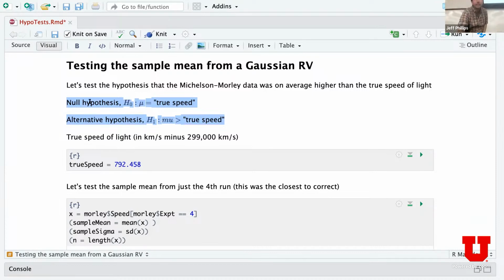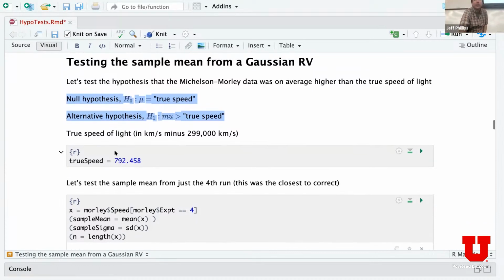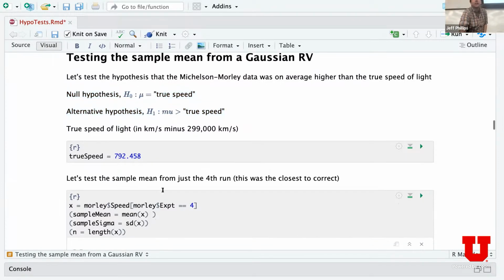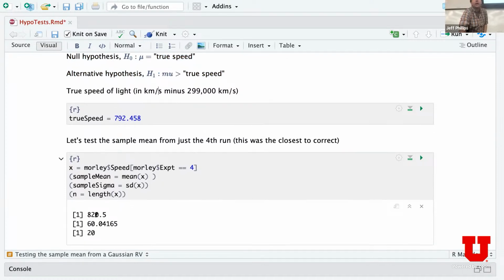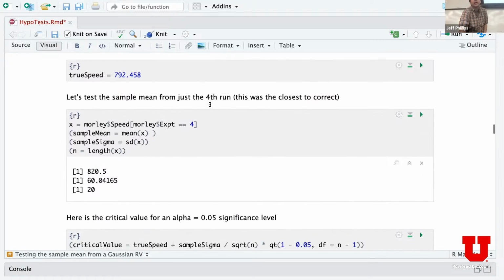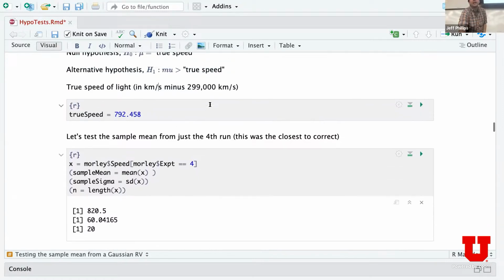Now we want to set up: if we think the alternative hypothesis is that the value we saw, 820, is greater than the true speed, we want to calculate a 95% critical value.